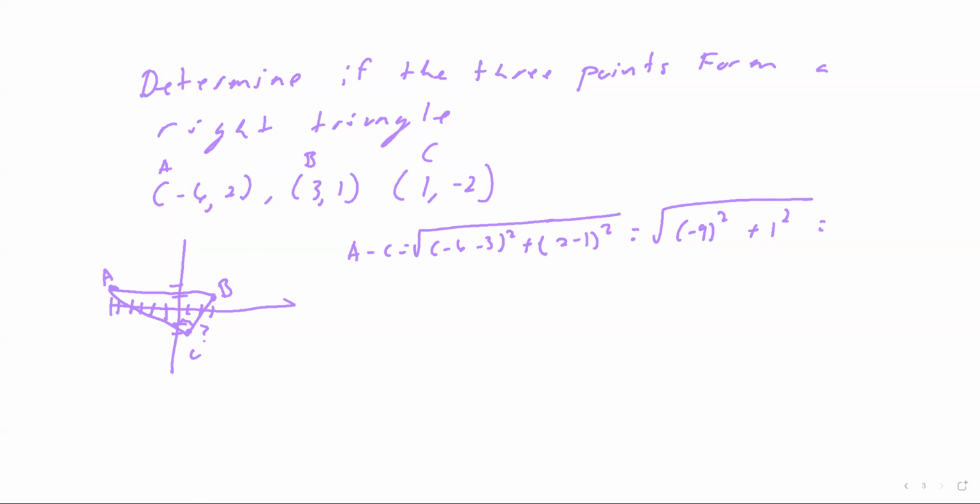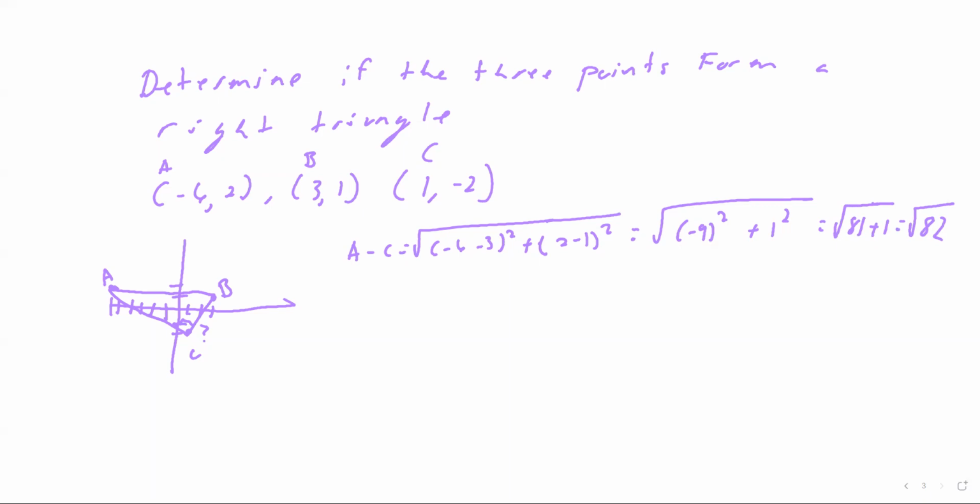If you had done 3 minus -6, the two negatives would have made a positive, and you would have got 3 plus 6, which is 9. Is 9 squared and -9 squared the same thing? Yes. So again, it doesn't matter the order. So we get -9 squared, which is 81, plus 1 squared is 1, and you get 82. I'm going to recommend we not worry about simplifying this because we're just trying to prove the two things. So we'll just leave it as the square root of 82 for now.